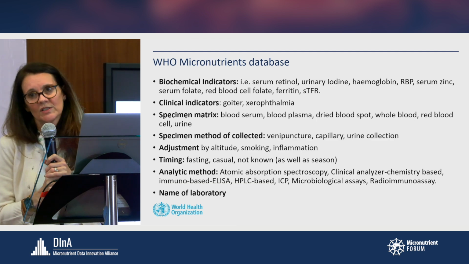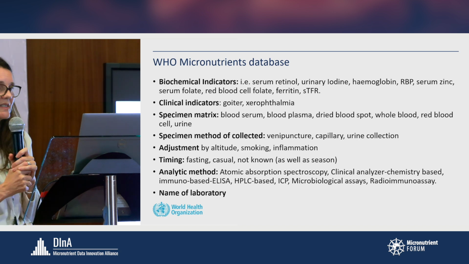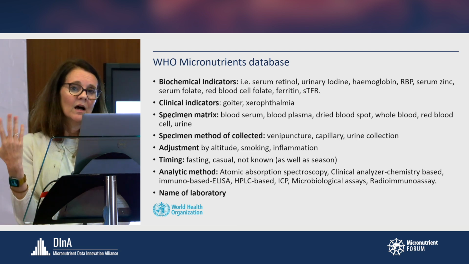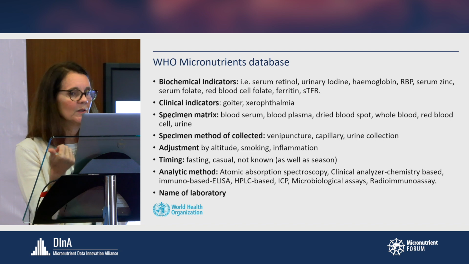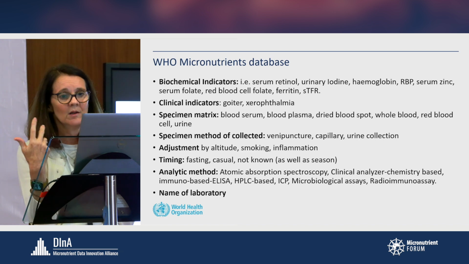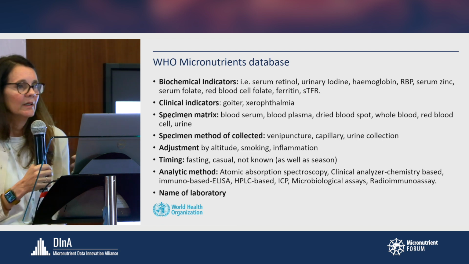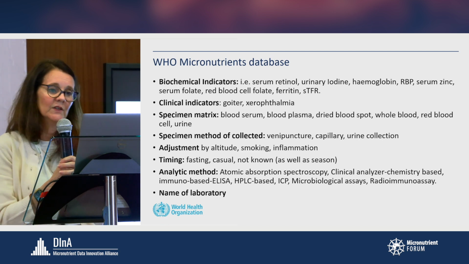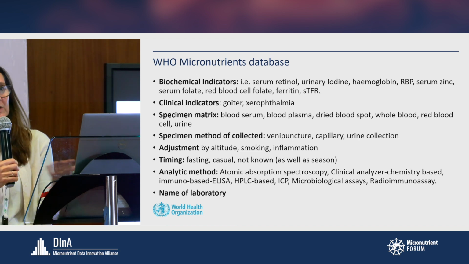So we're also trying to really provide information on the way that these samples were collected, whether it's a plasma specimen, a dry blood spot, whole blood, red blood cells, urine, if it's capillary blood, if it's venous blood, urine collection, and how the data may have been adjusted.